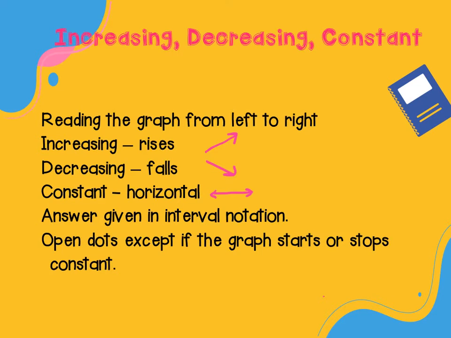It is always an open dot, which means a parentheses, except if my graph starts or stops constant, which I will show you what that looks like because I think that's the hardest to wrap your brain around. So when in doubt on increasing and decreasing, put a parentheses. It is very rare that it is a bracket because a single point cannot be both increasing and decreasing. So we put parentheses.